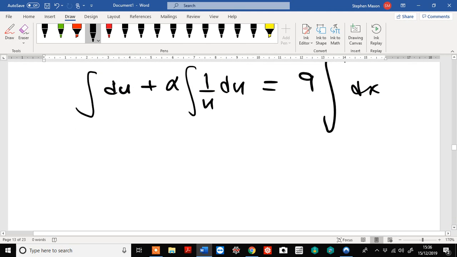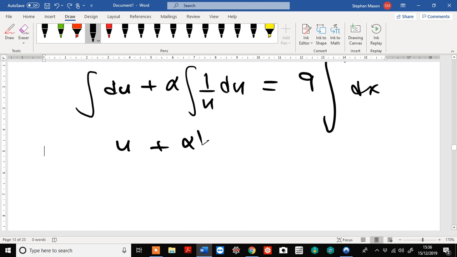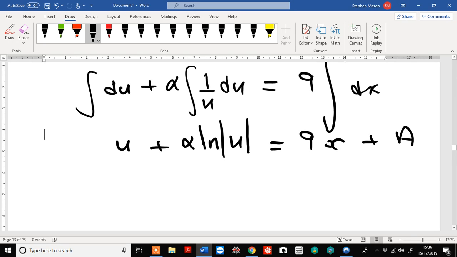So we've got u plus alpha log of u equals 9x plus a. Well, we'll call it a1 as a constant.